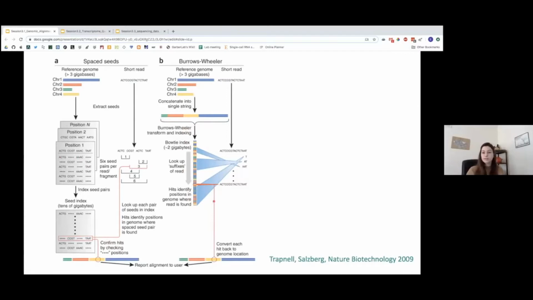So it works in a really fast way, and the index is only 2 gigabytes large. So it's about the same size as the genome unindexed, and it still serves its purpose for quick searches.